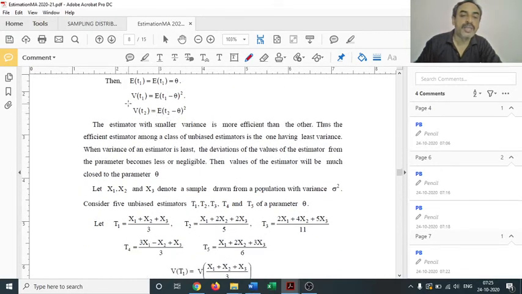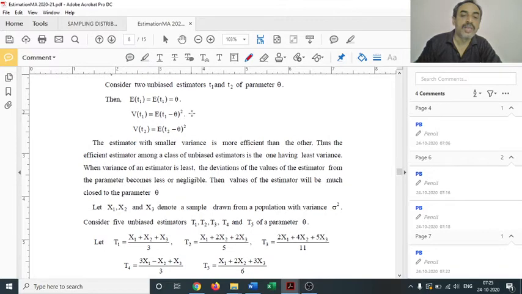Suppose their variances are V of T1 equals E of T1 minus theta whole square, and V of T2 equals E of T2 minus theta whole square, because variance is actually E of x minus E of x whole square. Therefore, V of T1 equals E of T1 minus E of T1 whole square. But E of T1 is theta. That's how we have theta here, because T1 and T2 are unbiased estimators.